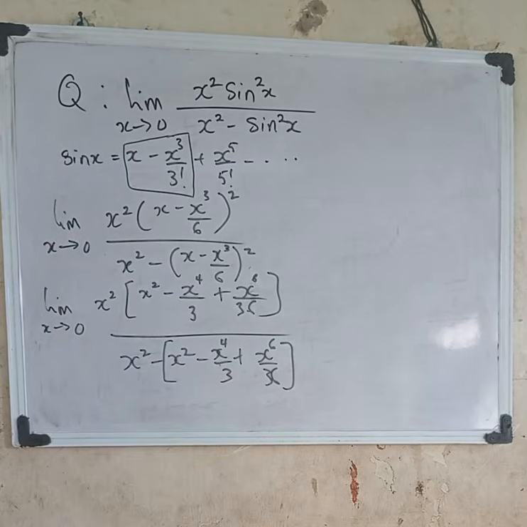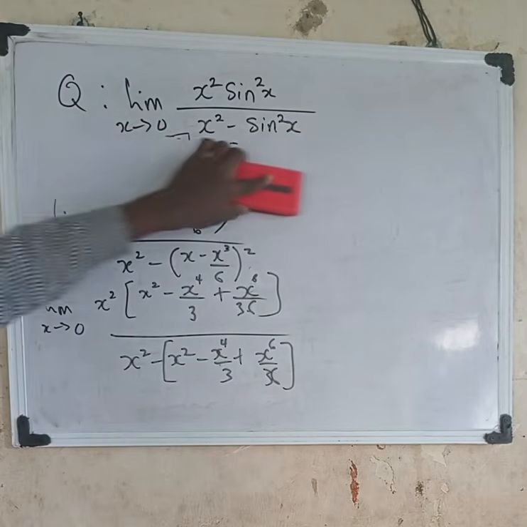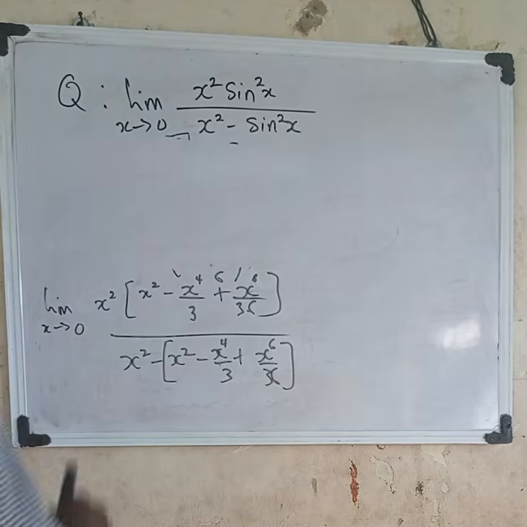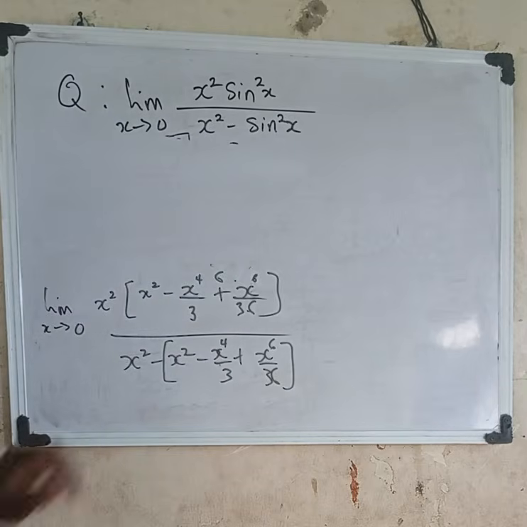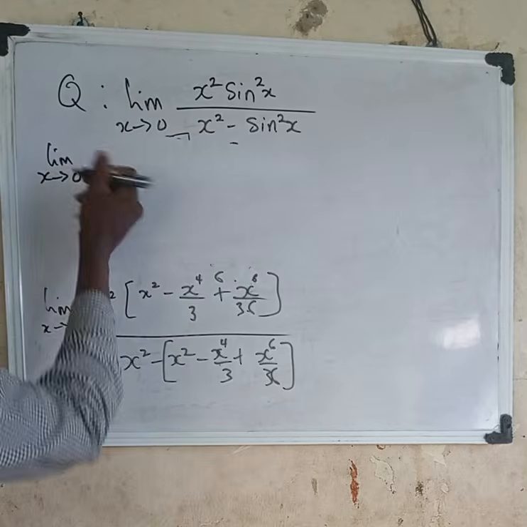So now, if we continue to do this, I'm going to rub off this place. So now look at it. You find out that we have this here, so we can open the bracket. Limit as x approaches 0.